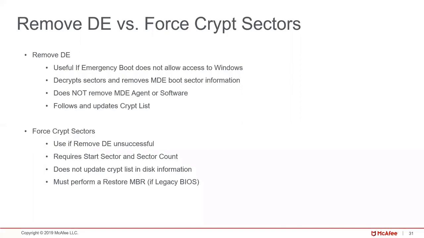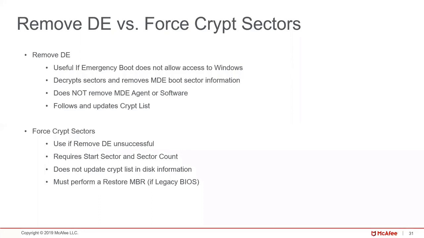Below, you'll notice the option for force crypt sectors. This is useful in instances where remove DE is unsuccessful, a situation where you've chosen to decrypt and deactivate for your recovery purposes, but let's say the disk information is not available.